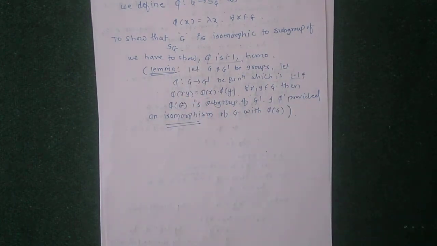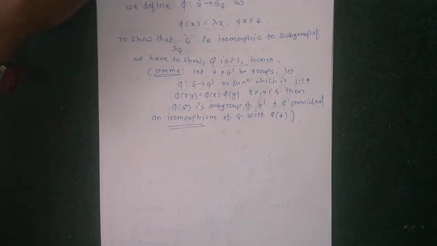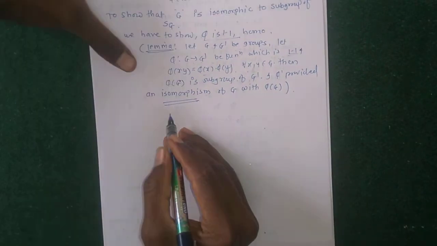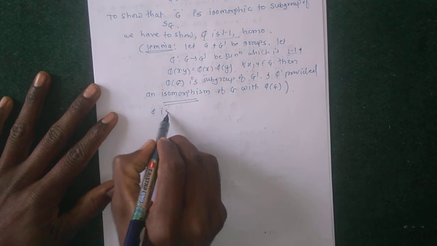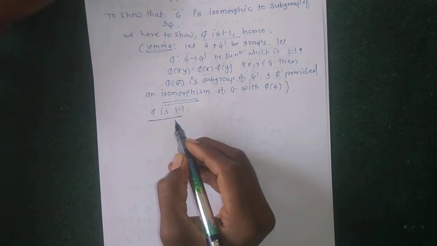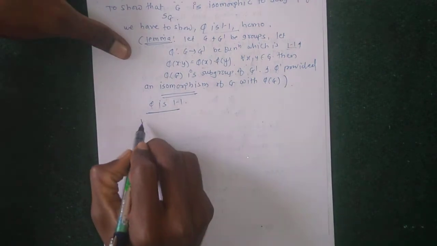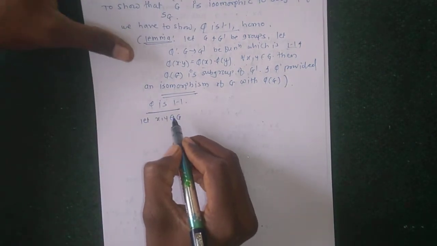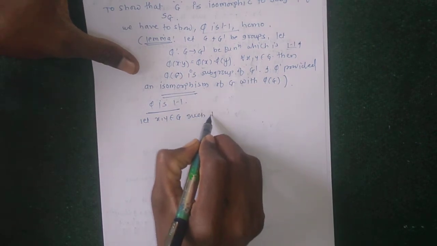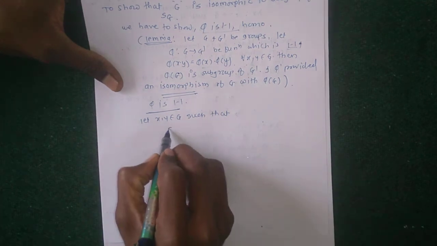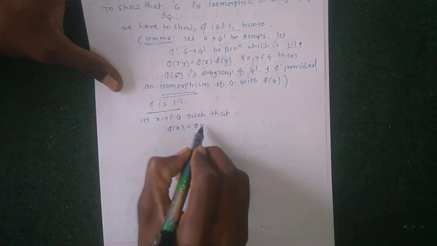So we have to show that phi is 1-1. Let x, y belongs to G such that phi of x equals phi of y.